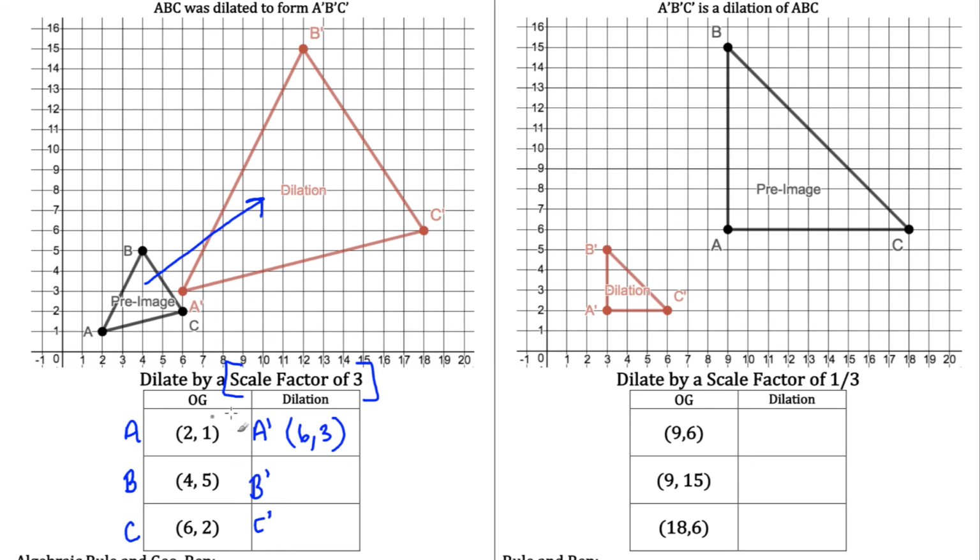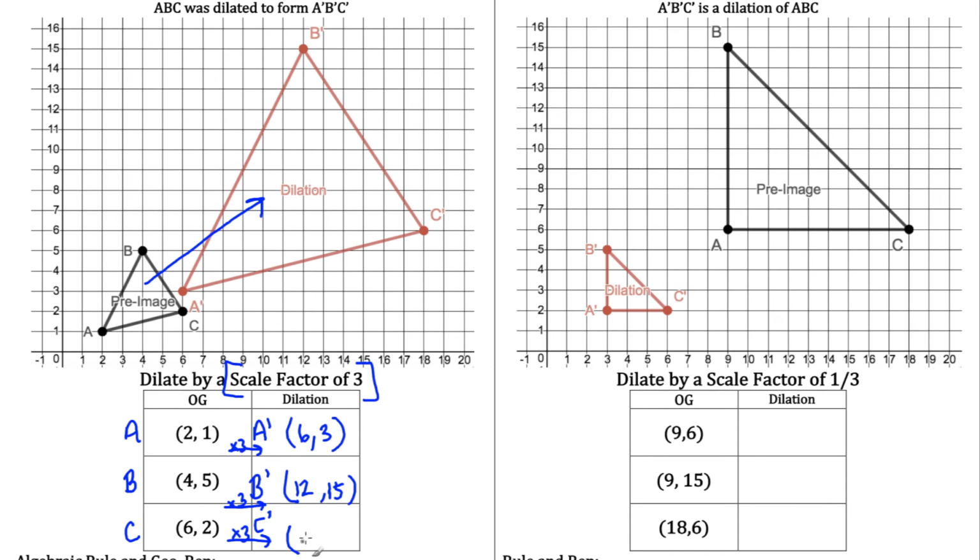This is just times 3. 2 times 3 is 6. 1 times 3 is 3. And so this one should also be times 3. So B, 4 times 3 is 12. 5 times 3 is 15. So 12, 15, that's right.